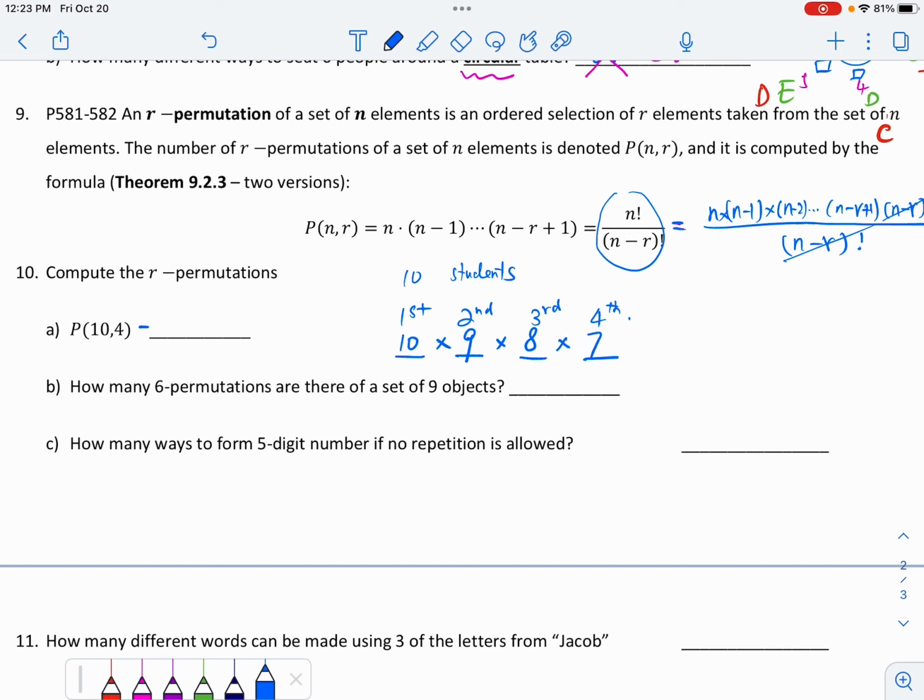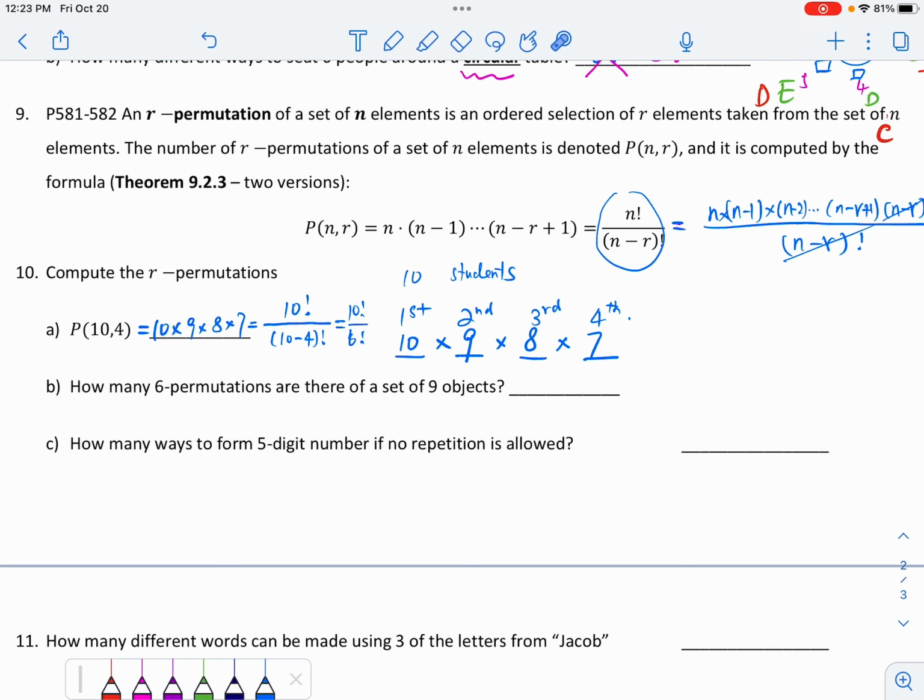So this is basically 10 times 9 times 8 times 7. Or you can do it this way: 10 factorial over 10 minus 4 factorial, which is 10 factorial over 6 factorial. If you expand that and cancel out the 6 factorial, that's what you have.